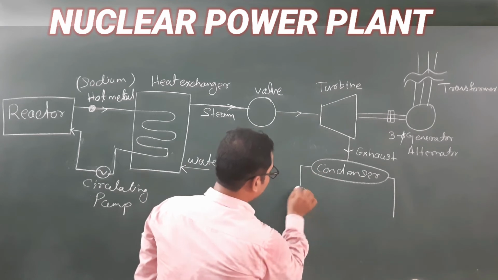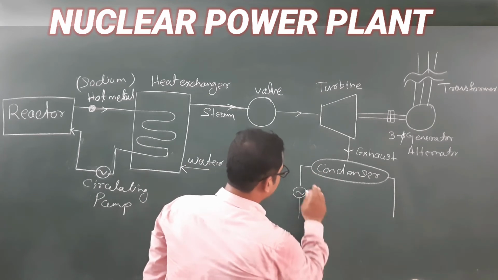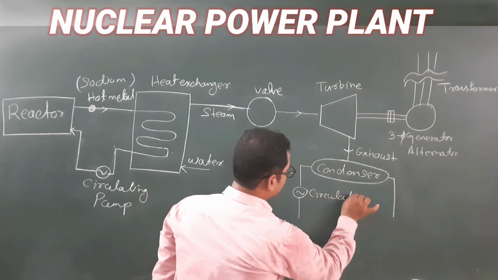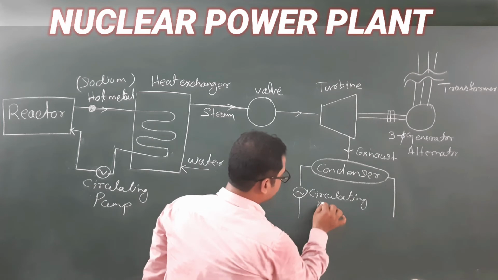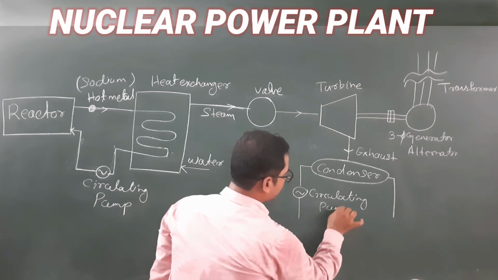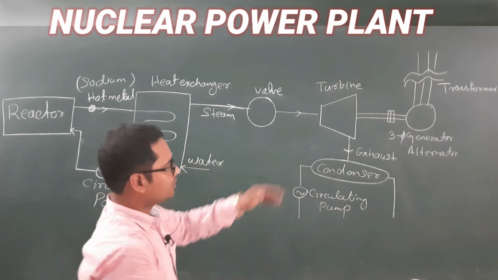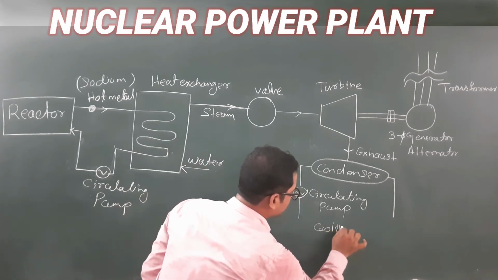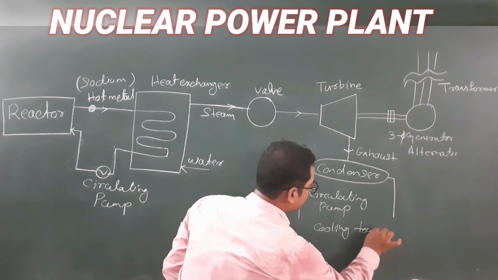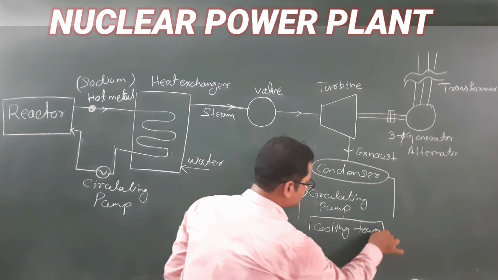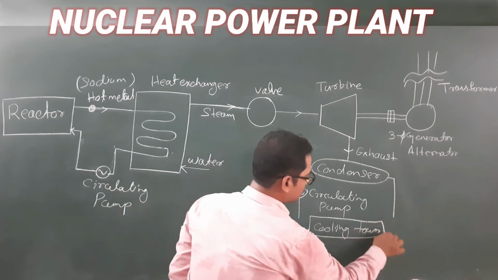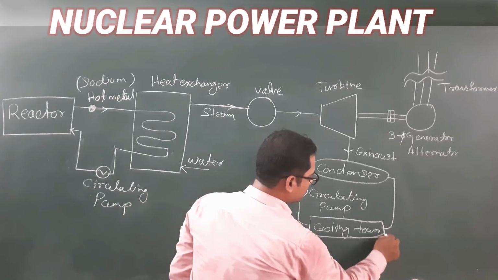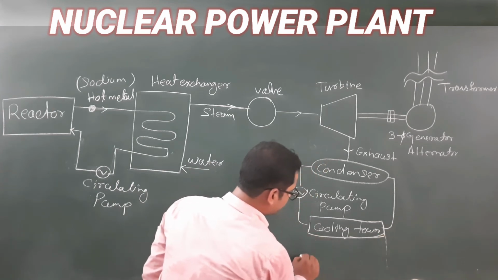Here another circulating pump is also there. Circulating pump. Okay, and this will be circulated to the cooling tower, and below that it will come directly to the river.